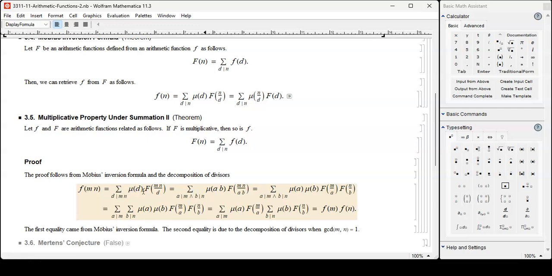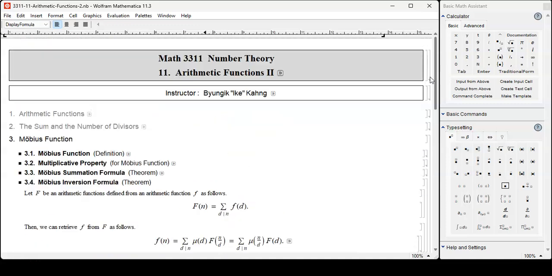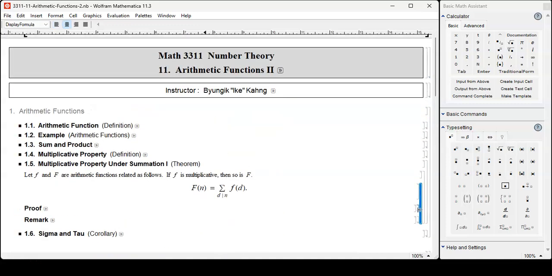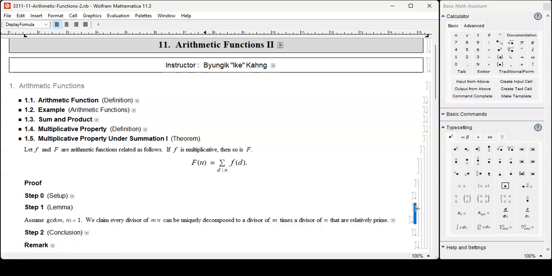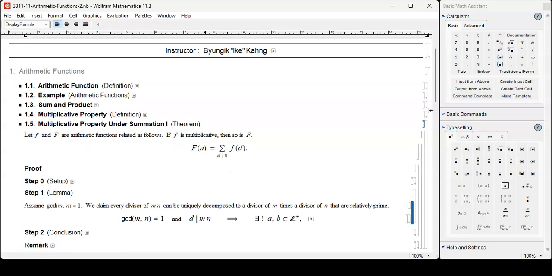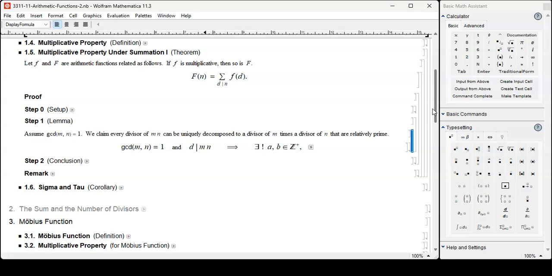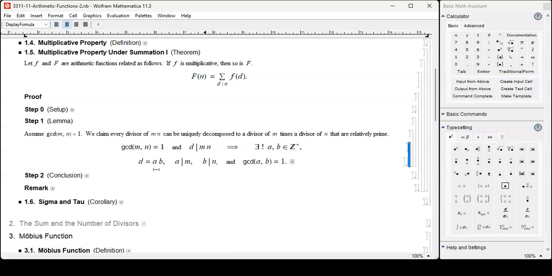By the way, I have some time left, so I'll give you this d decomposed into a times b. Let's go back to 1.5. a and b are relatively prime, and d divides mn. And then there exists a unique pair of integers a and b, so that d is a times b, a divides m, b divides n, and they're relatively prime.